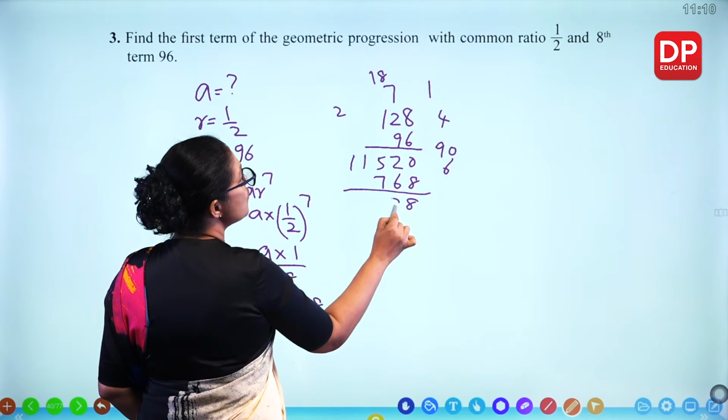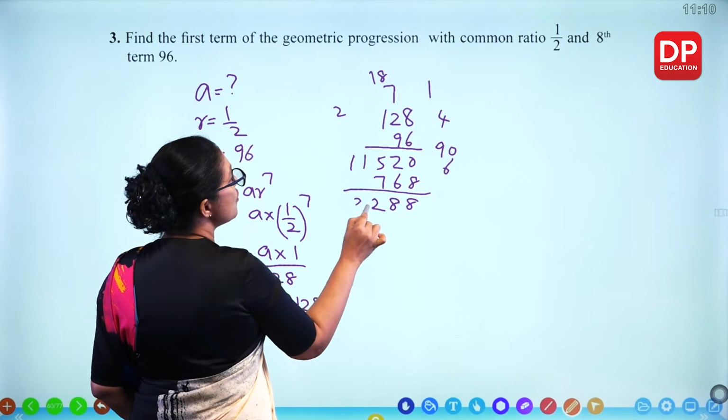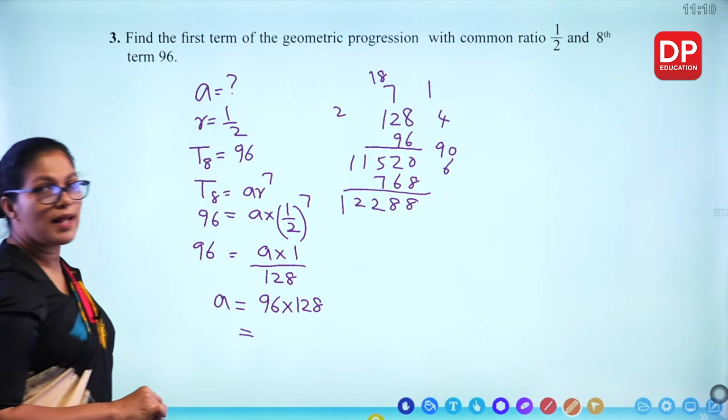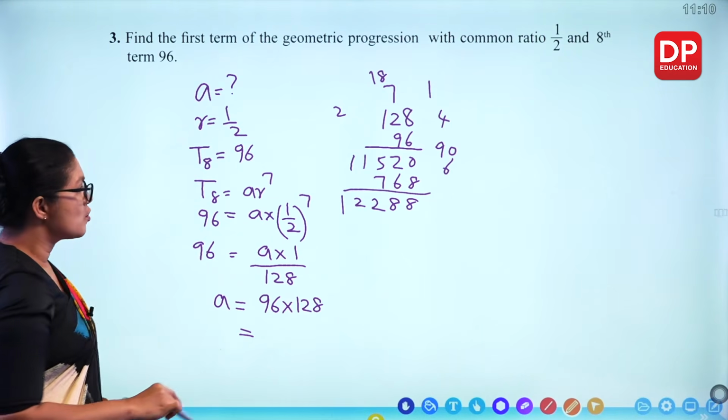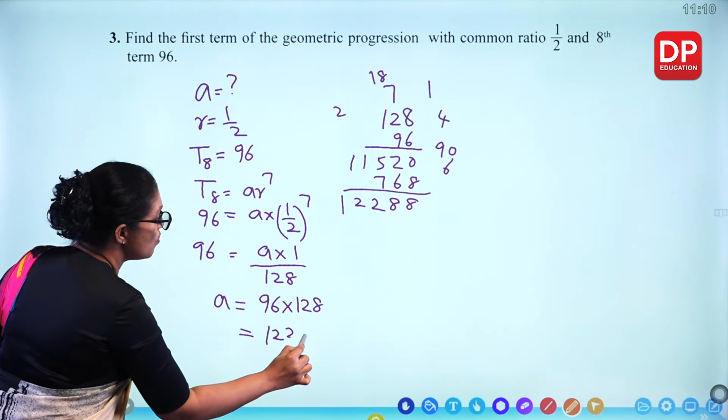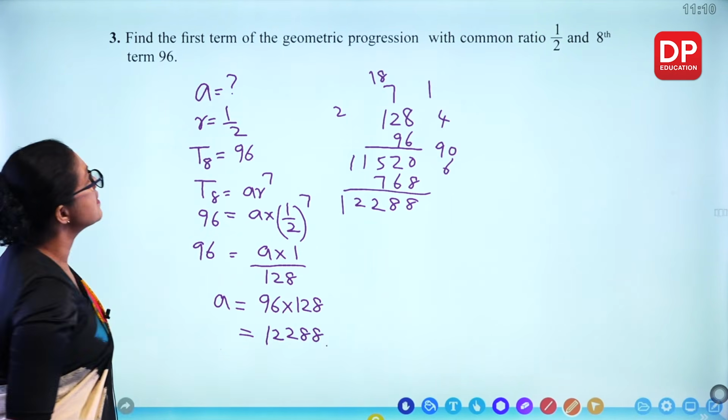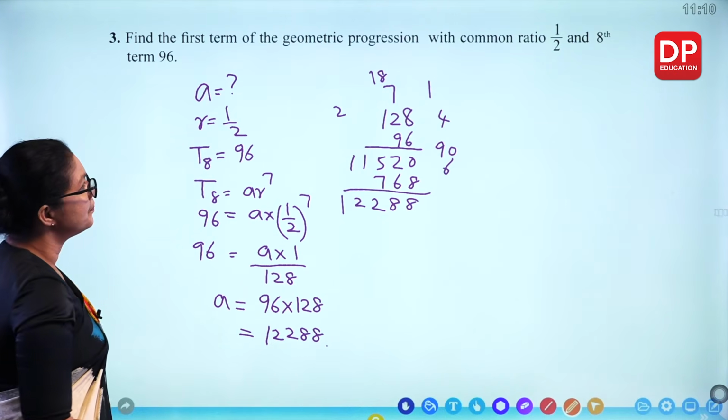When you add these two together, you get 12,288. 12,288 is the first term.